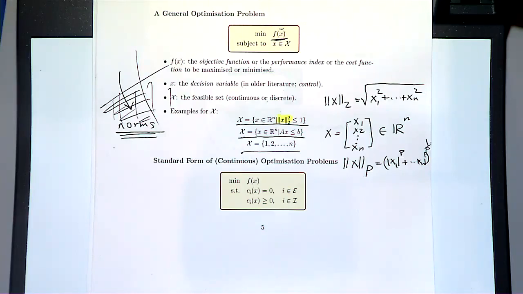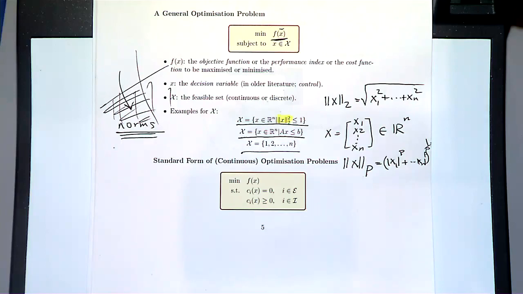Throughout this subject, I will nearly exclusively write optimization problems as minimization problems. And I'm going to make a not very bold statement: from the perspective of analysis and design, I can write all your problems as minimization problems.